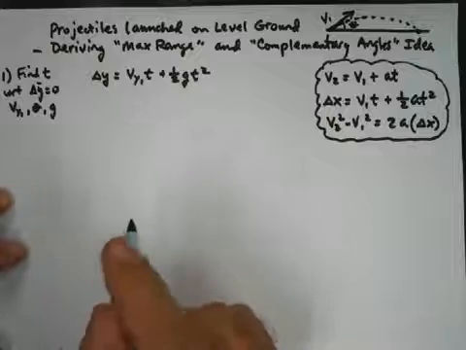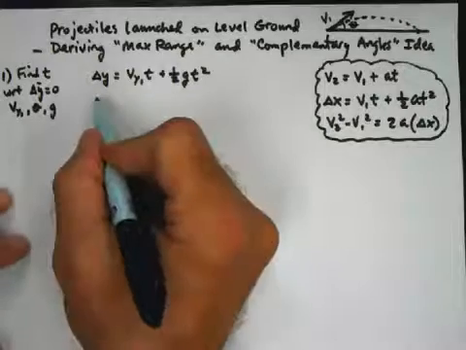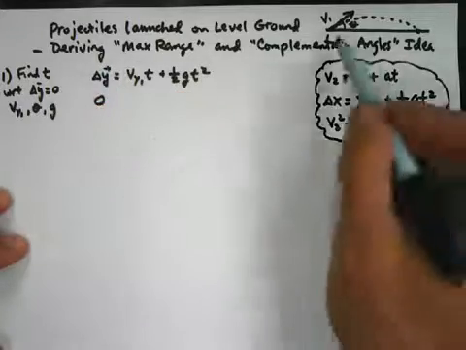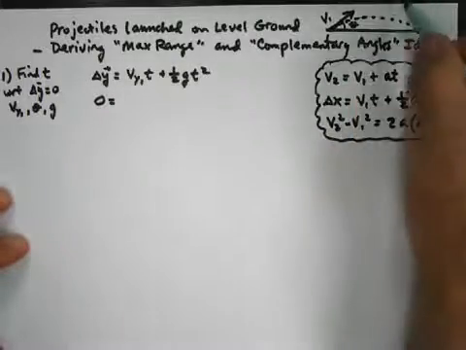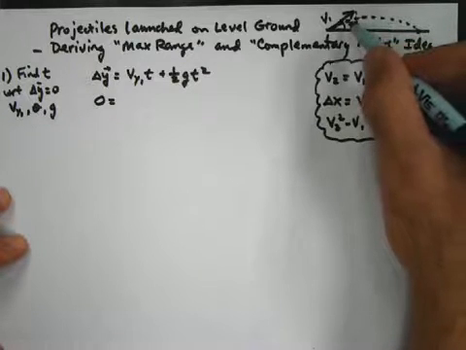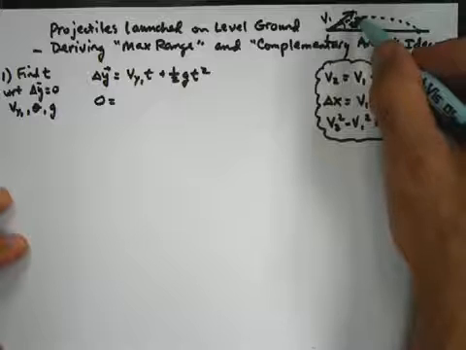Now remember that delta y is 0, so I could just substitute that in. That's the total displacement in the y direction. And if we break V1 up into vertical and horizontal pieces, we see that the vertical component would be V1 sine theta.